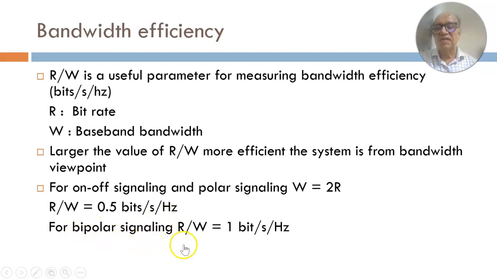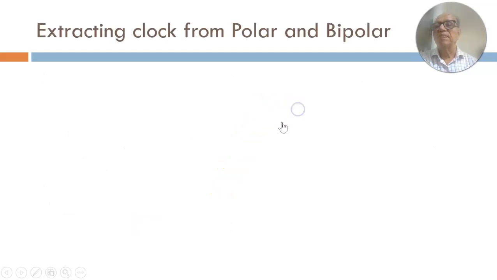For bipolar signaling, R by W is equal to 1 bit per second per hertz. Remember, for bipolar signaling, the bandwidth is equal to R itself. So bipolar signaling is better from the viewpoint of bandwidth efficiency.